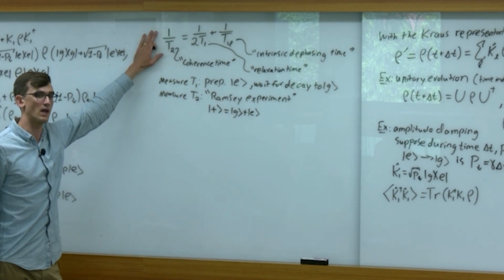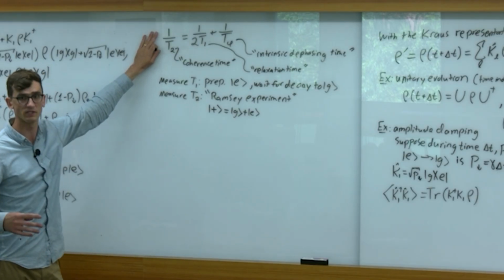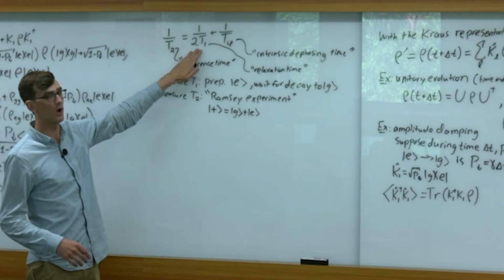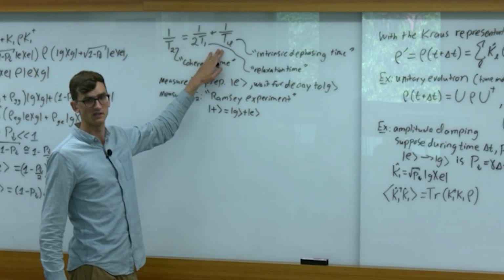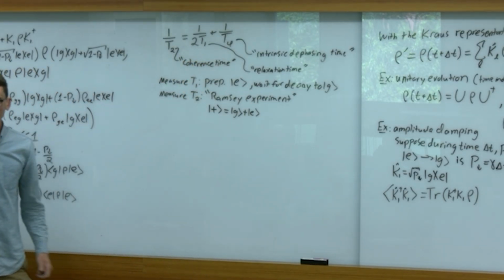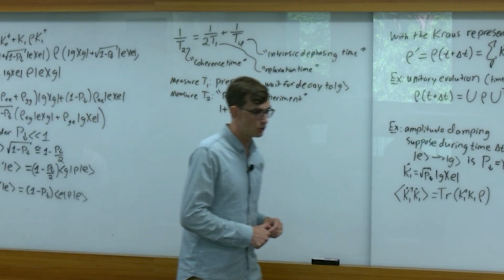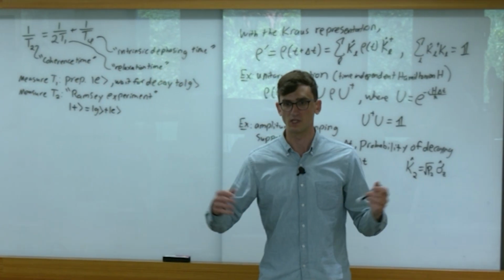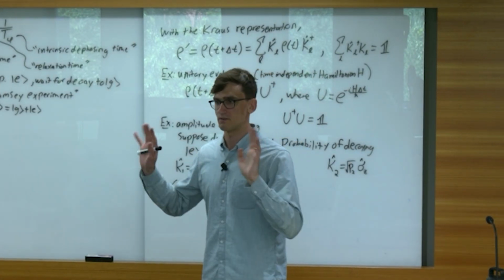Then you can separate out how much of your coherence time is coming from just T1 events, and how much of it is intrinsic dephasing. People in our field often say that we're trying to achieve T2 equals 2 T1, which means that you don't have any intrinsic dephasing.